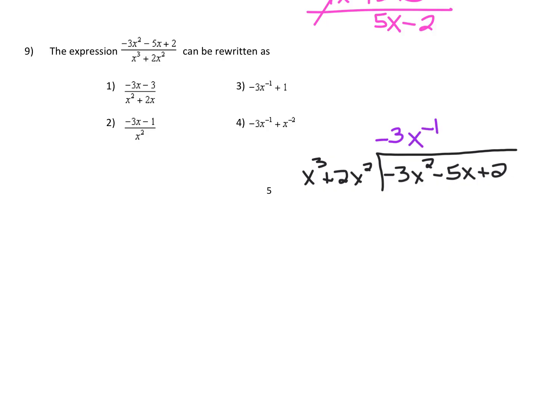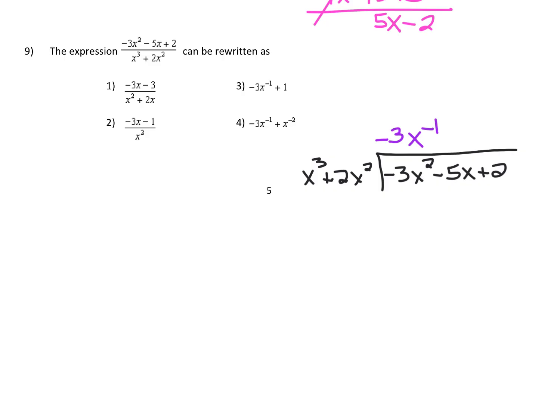And think about why. When you're multiplying, x times x, don't we add the exponents? So wouldn't 3 plus negative 1, or negative 1 plus 3, give us positive 2? So we actually need a negative exponent here in order for this to work.